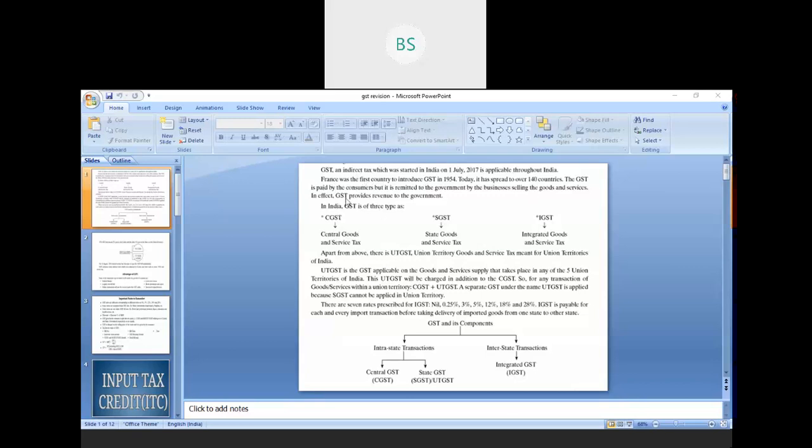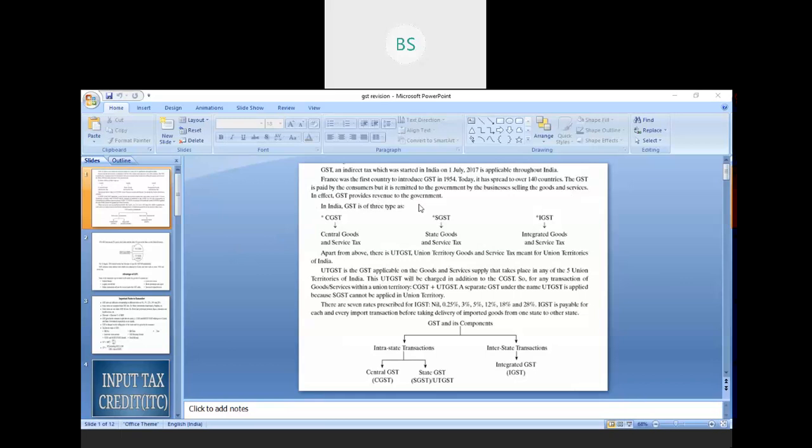The GST is paid by the consumer, but it is remitted to the government by the business selling the goods and services. In effect, GST provides revenue to the government. Means directly or indirectly, the consumer will pay the tax to the government.